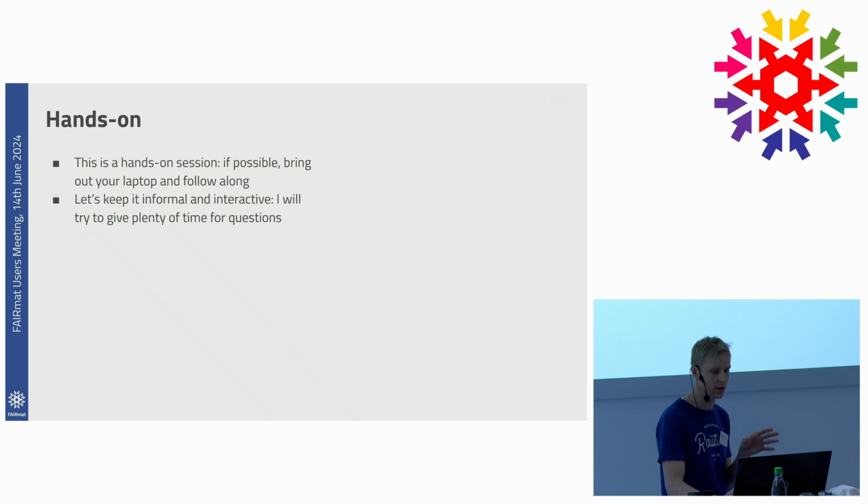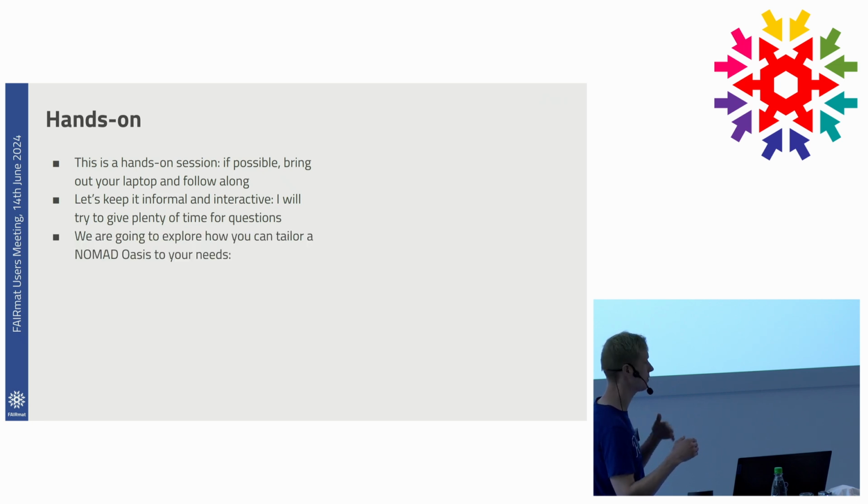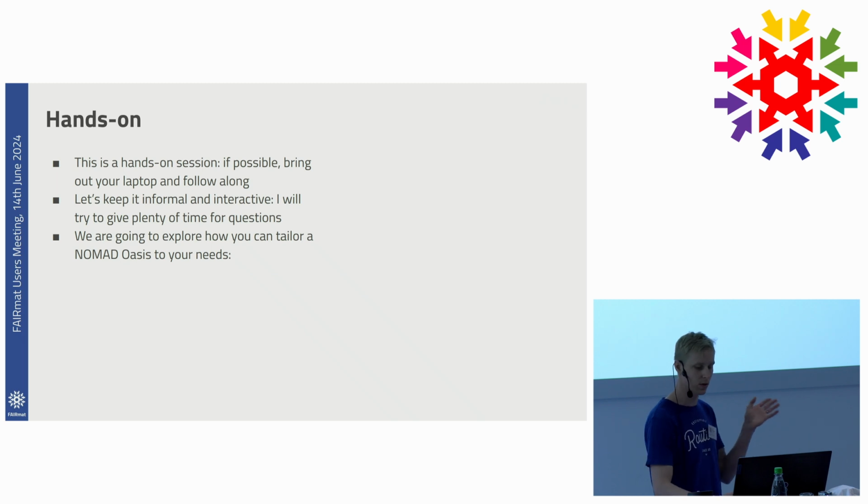But essentially, in here we're going to try to explore all of these ways that you can use to tailor these Nomad Oases to your needs. We're already seeing a lot of examples of how people have done apps and parsers and schemas, and now we're going to really take a look at how you actually do this.